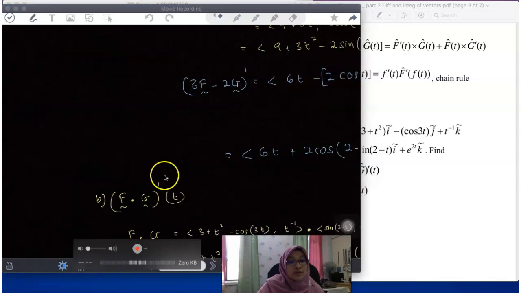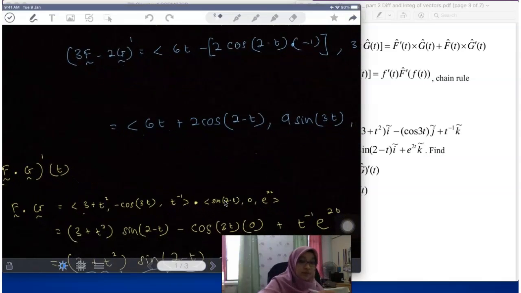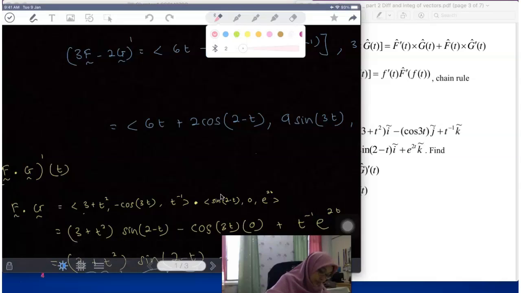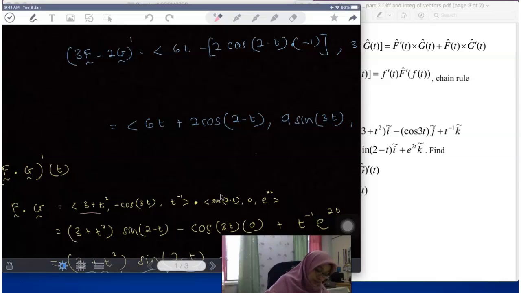Okay, now we go to the next example, where we have f dot g. F dot g gives a scalar function, and after that we have to differentiate. So just sort into component form. For the dot product, we multiply the x component with the x component, so the x here and the x here should be multiplied.